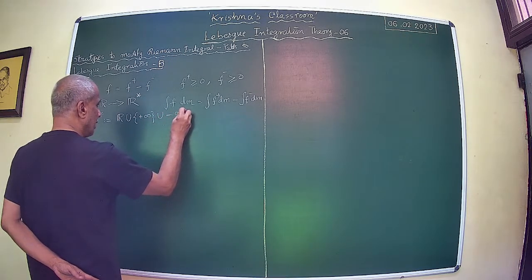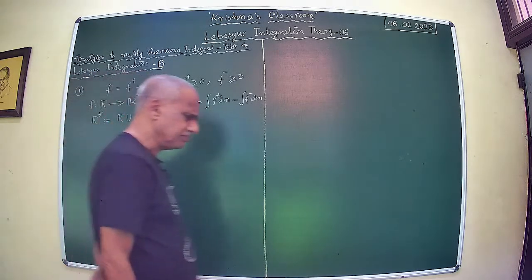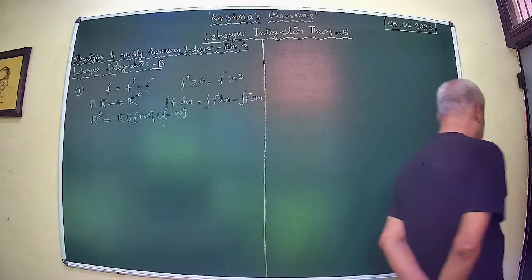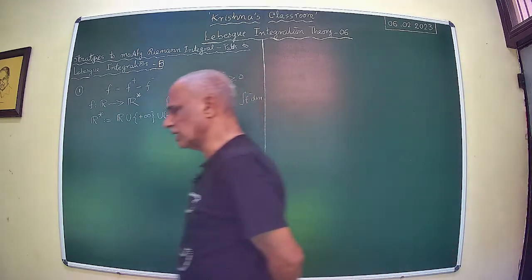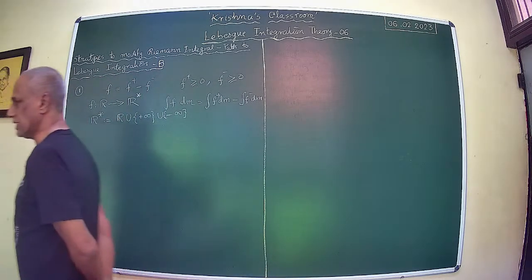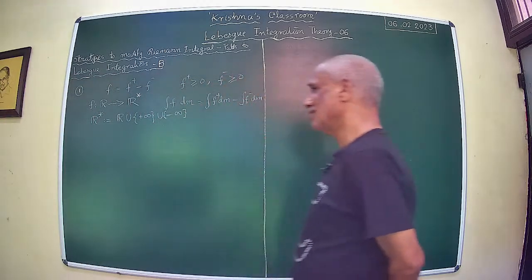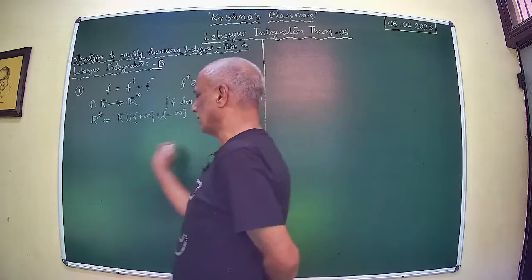That means the points at infinity have also been included. We will work on the rules of the game, like what is addition, what is multiplication, etc. in the extended R star soon, but we can extend it from R to R star. That we will do.